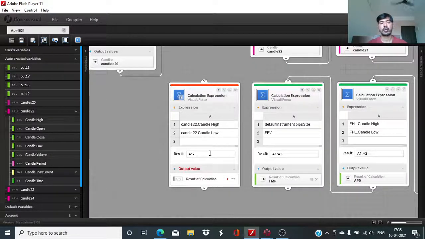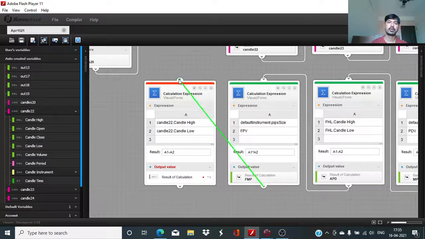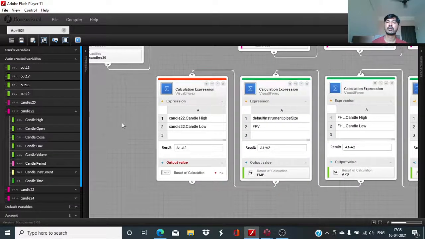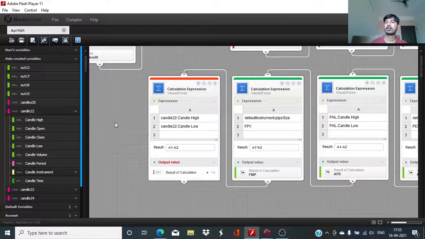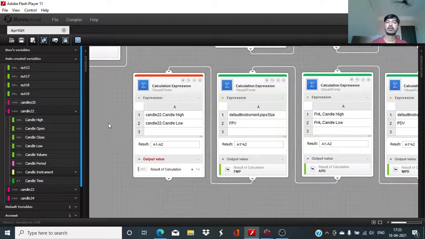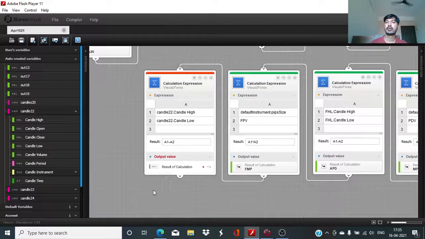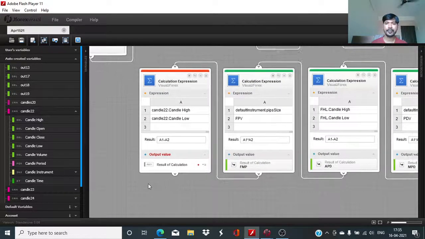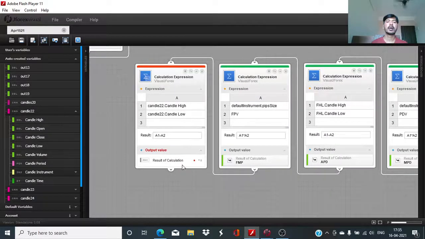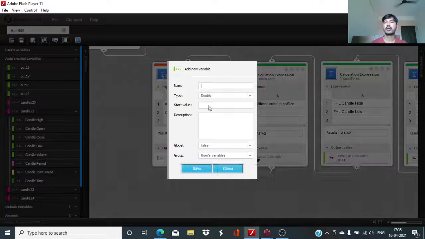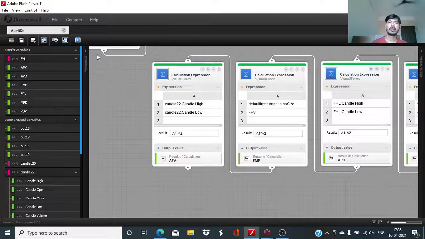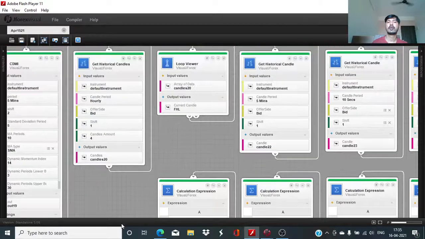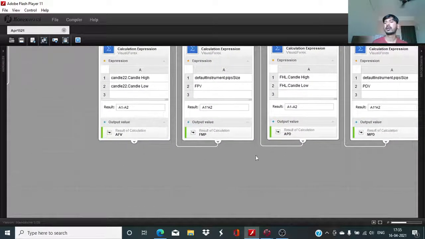A1 minus A2. And the result of the calculation, I will name it AFV. Okay, so far so good.